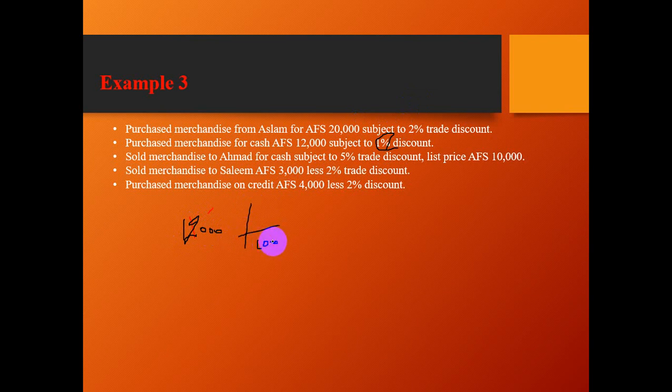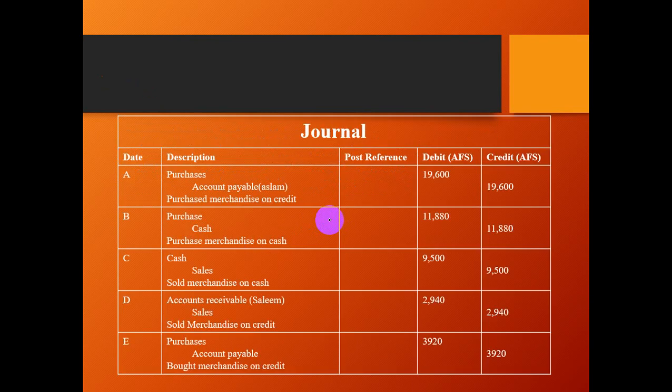Pardon me for that big one. 2 zeros cancel with 2 zeros, so the discount is 120. If we deduct it from 12,000, it will leave us with 11,880.